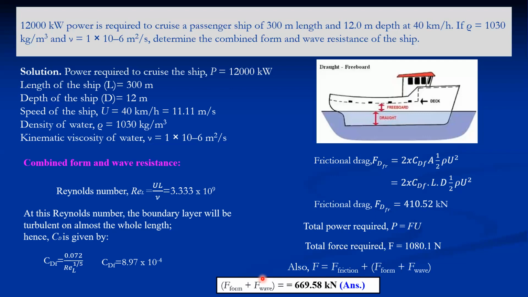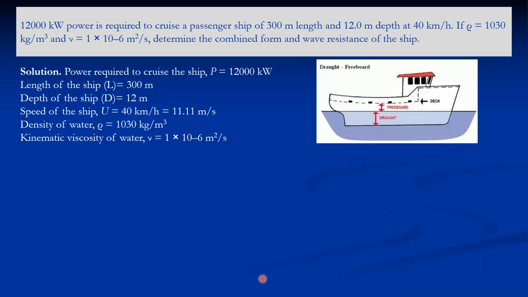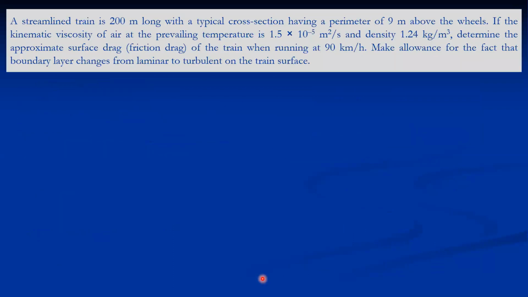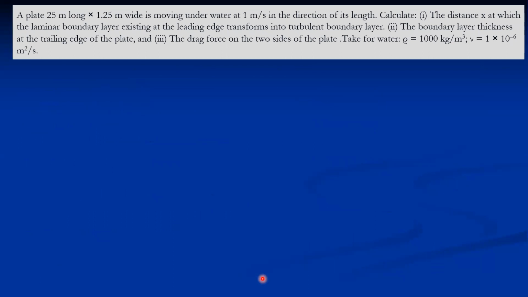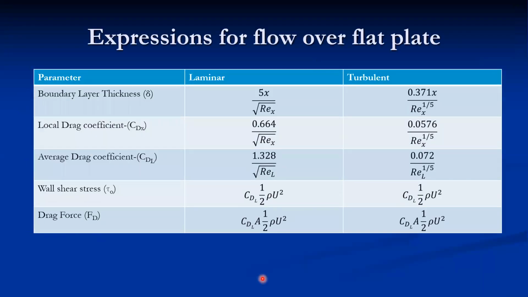So this way you can solve a number of numericals for practice also. Wherever there is a flat surface, the key for solving problems is using the various expressions. If you memorize the various expressions that we already discussed, you have to memorize all these expressions for solving numericals.